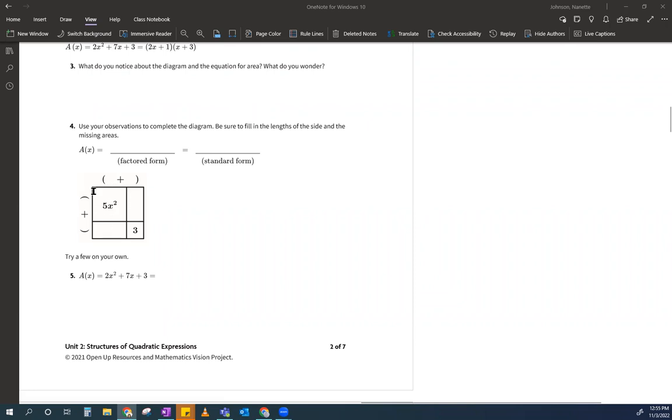Okay, what do you notice? What can you put anywhere? Something here. So tell me something that you could put. Any of these missing places here. What can you put anywhere? Up here, maybe over here. What's something that you can put?